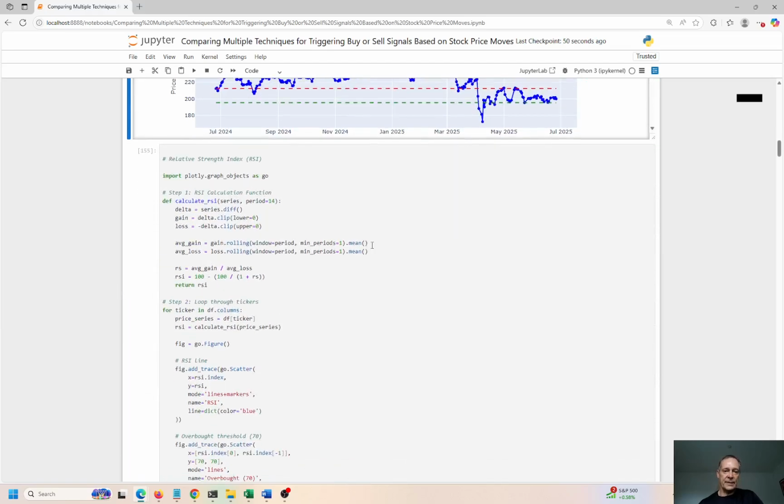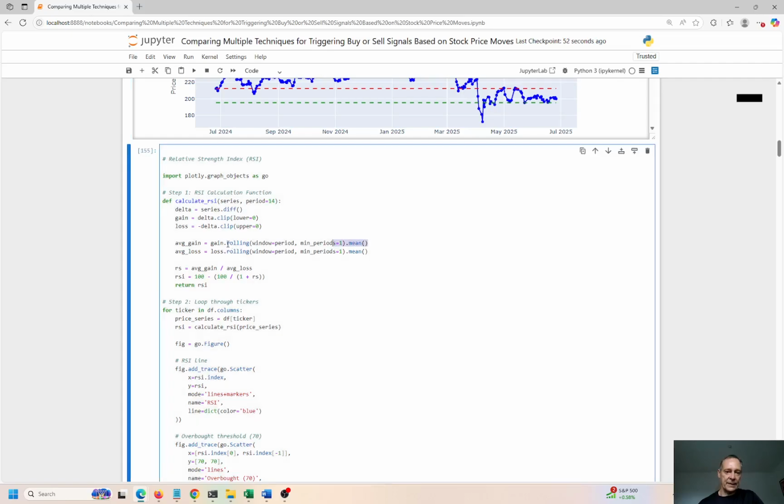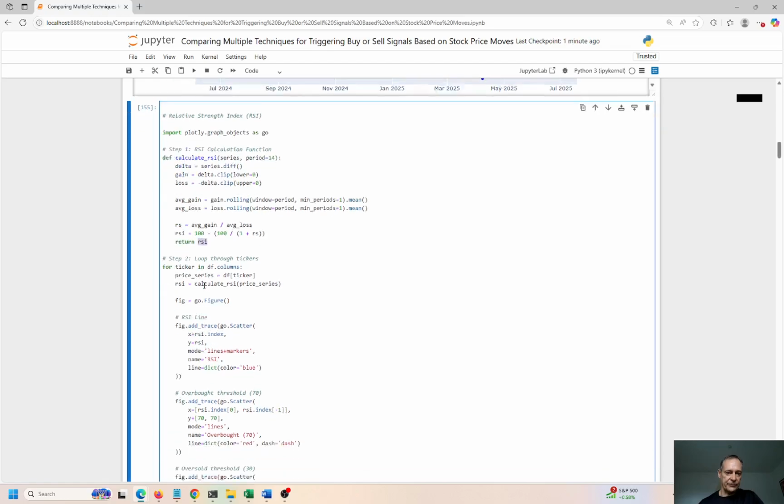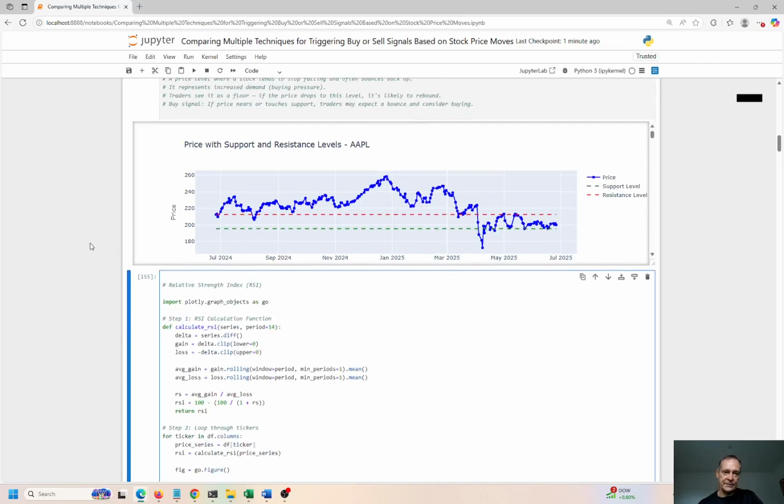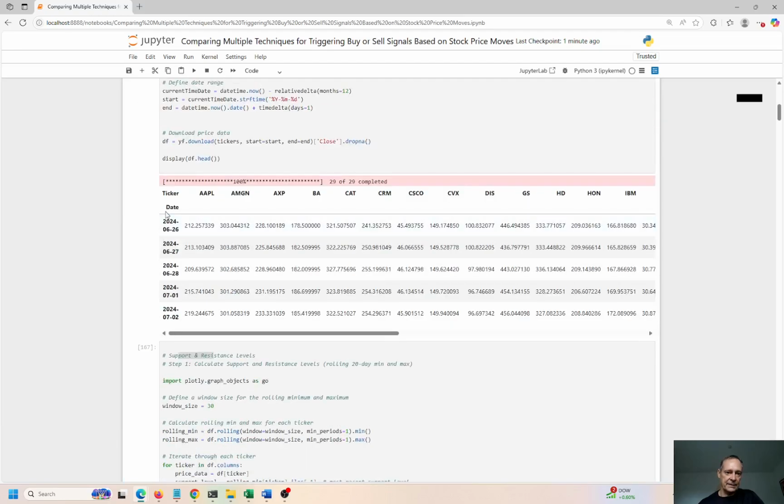So again, we have the mean going back in time, and we're looking at a rolling window with average gain and average loss, and we're trying to return the RSI, the relative strength index, okay? So we'll get the RSI between these two points, the average gain and the average loss, and we're going to plot the results just like before. So the RSI index, again, is the dates. If you look over here, the index is right here, date.